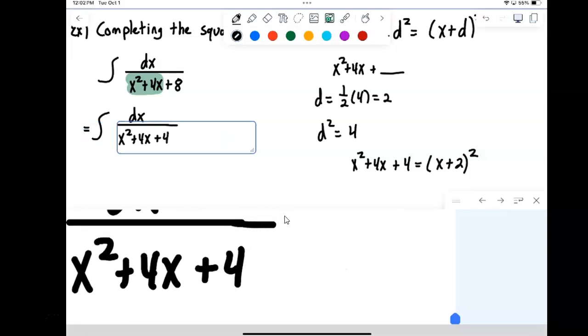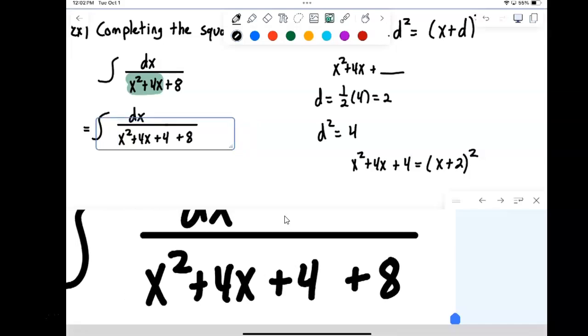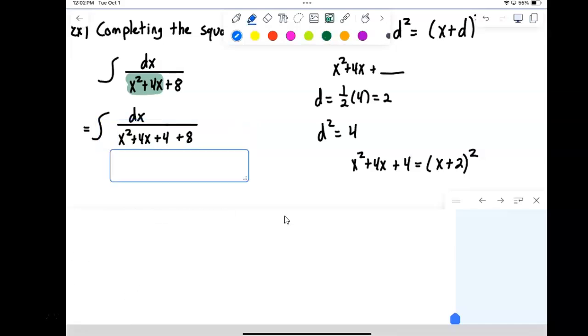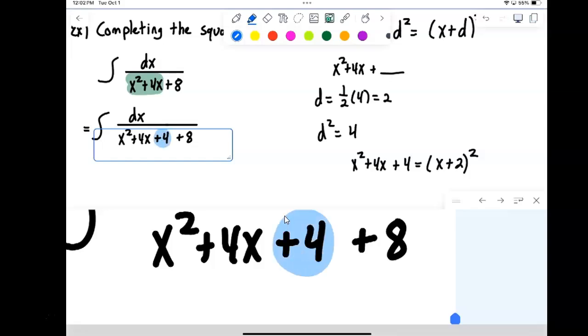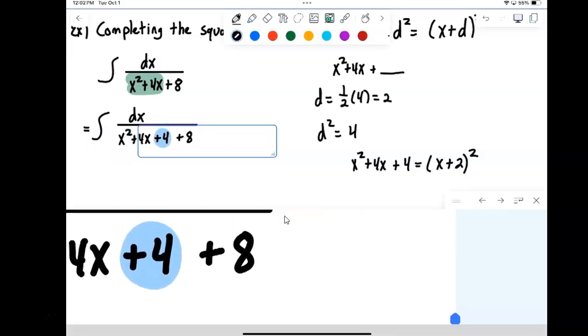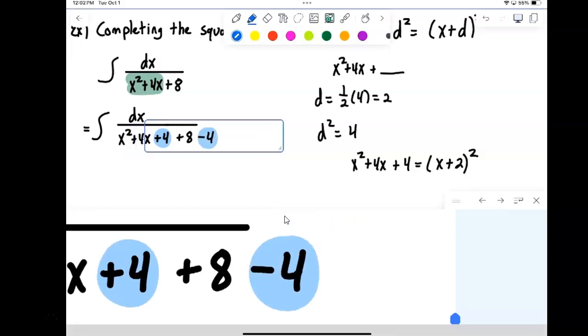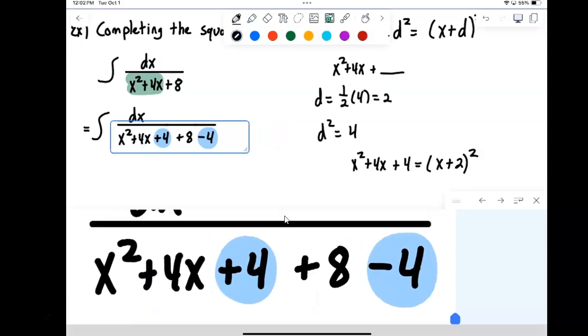So I add an extra 4 in there, and I still have the plus 8 there. Since I've added in a plus 4, in that same line, I also subtract 4.